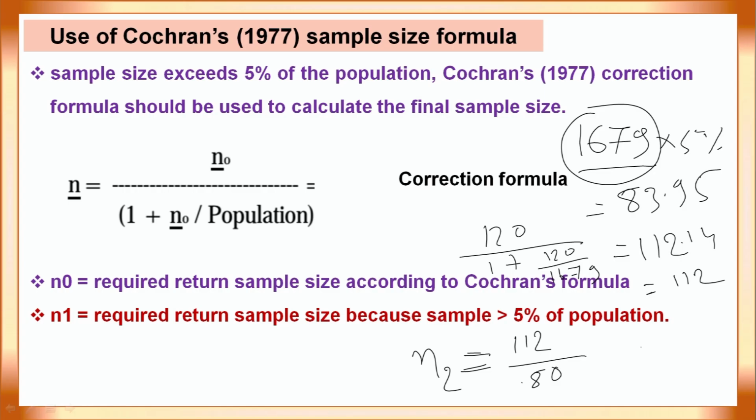So, it will be around 140. That means your sample size is adjusted for the non-response rate. Okay. So, it will be around 140 samples. So, these last two parts are based on assuming that your population size was 1679, which is a random number. Now, I think at this point it is clear.